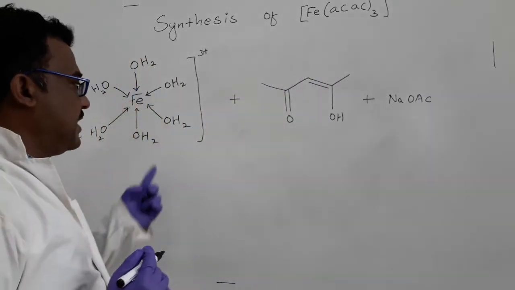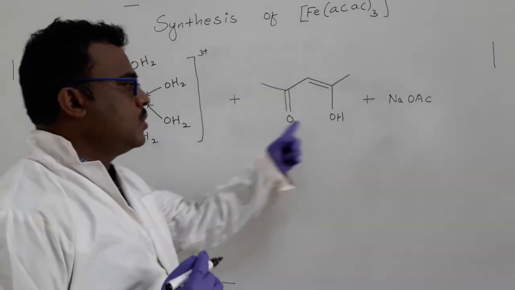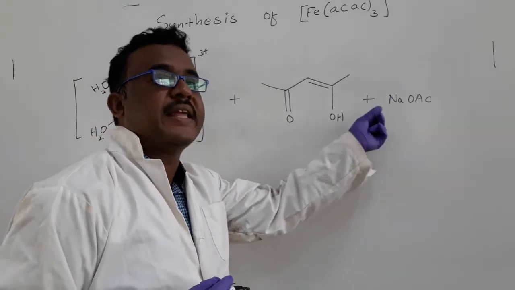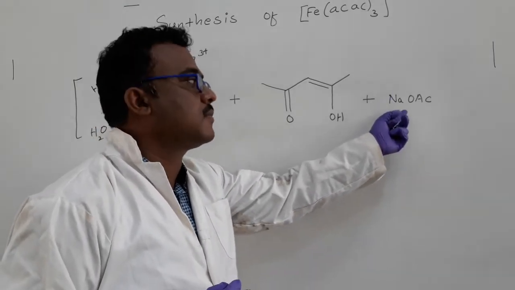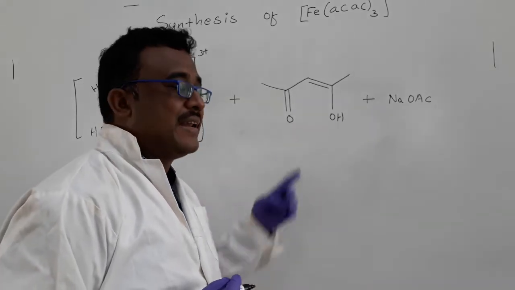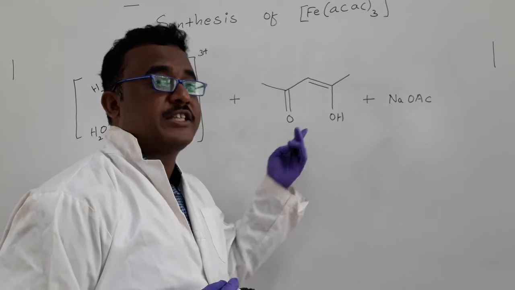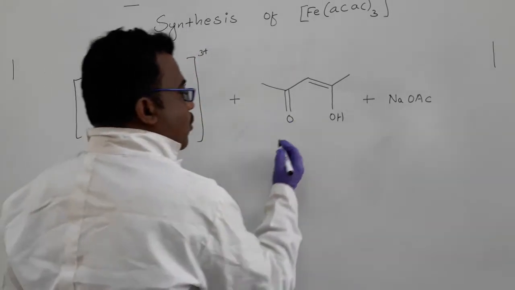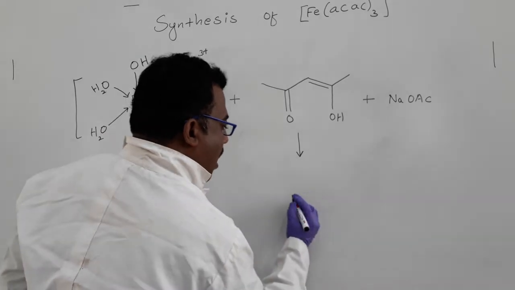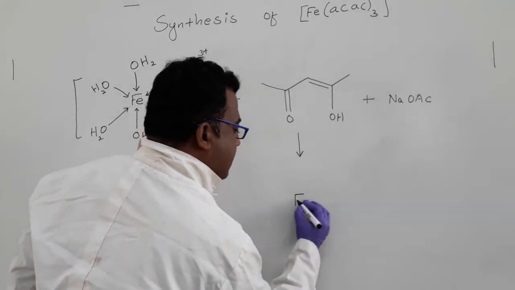Normally you take a 1:3:4 ratio. Sodium acetate you can take in little excess, because only then can it completely deprotonate the acetyl acetone ligand to form a monoanionic ligand and an octahedral complex.